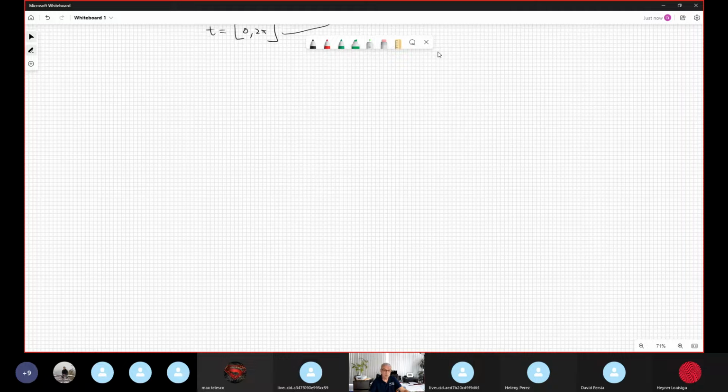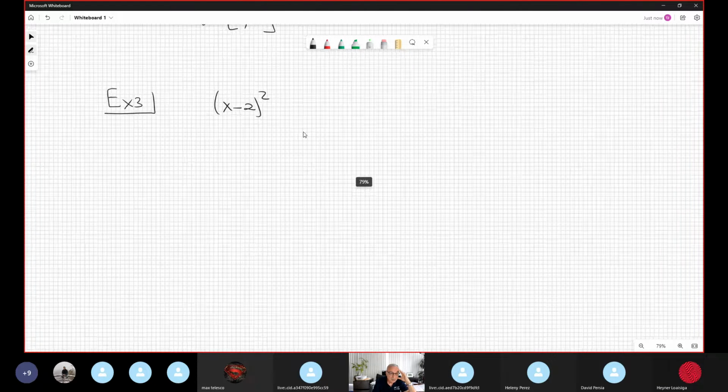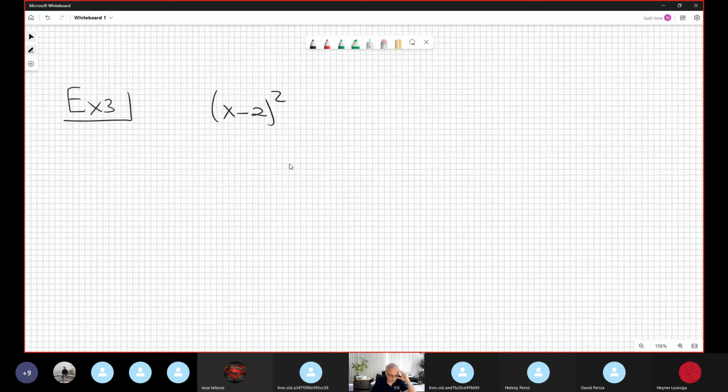Let's move to another example. This example is a little bit more complicated. It is x minus 2 squared divided by 4 minus y minus 3 squared divided by 16.